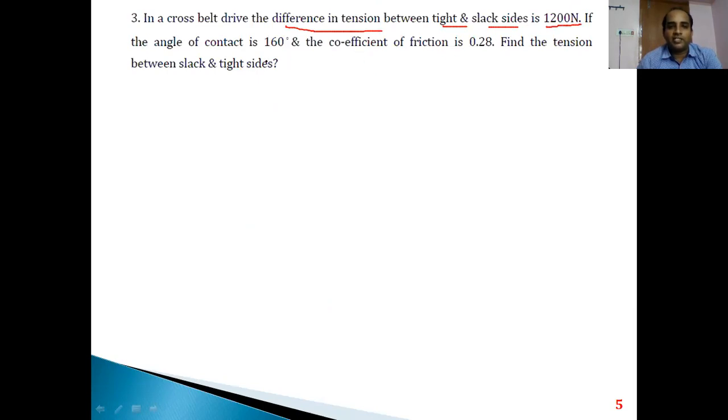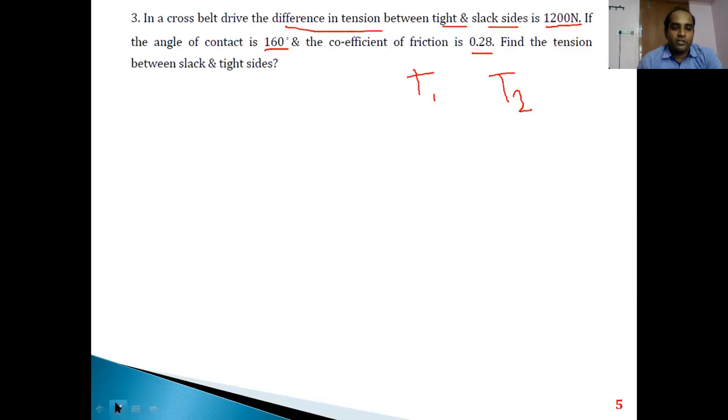The angle of contact theta is 160 degrees, and the coefficient of friction is 0.28. With this, you need to find the value of tension in the tight side T1 as well as T2.